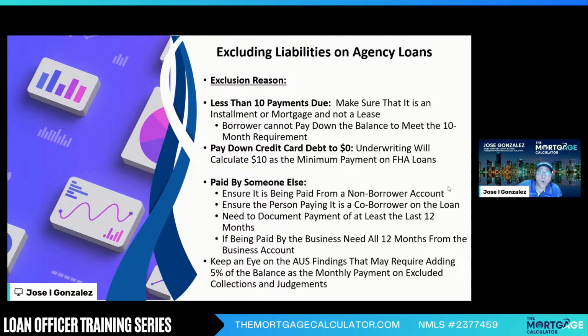And real importantly, there on the bottom there, when I mentioned excluding collections and judgments, very important that you keep an eye on the automated underwriting findings that may require adding 5% of the balance as the monthly payment on excluded collections and judgments.